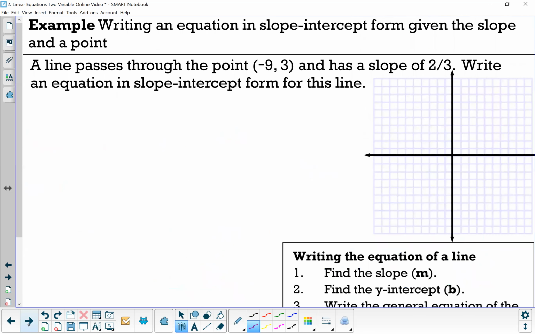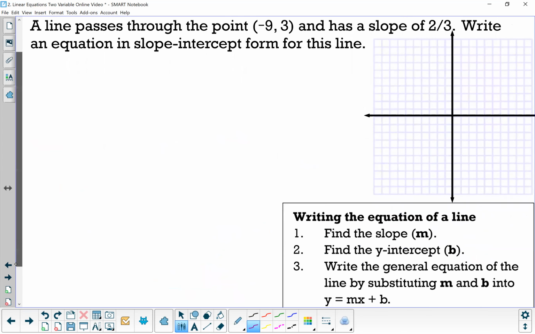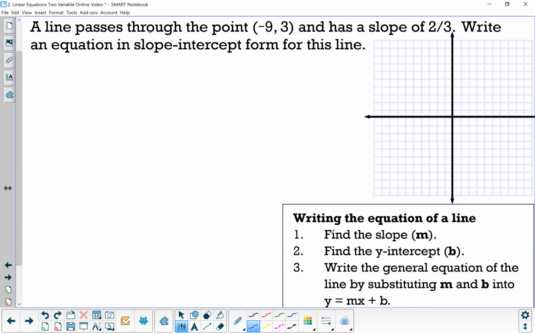All right, so this time we're given a little bit different information, but the process is the same. You're given a line that passes through the point negative 9 comma 3. It has a slope of 2/3. Write an equation in slope intercept form for this line.